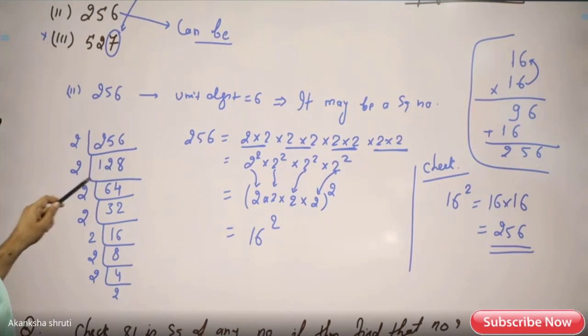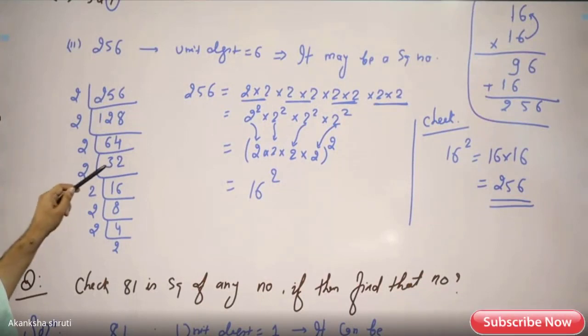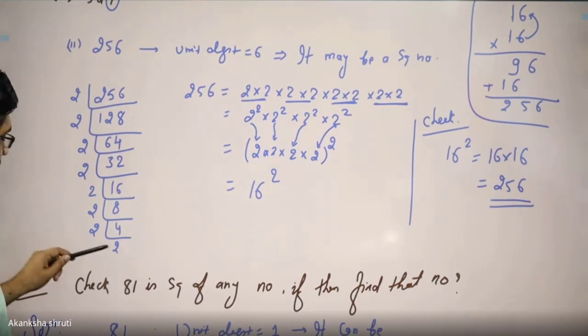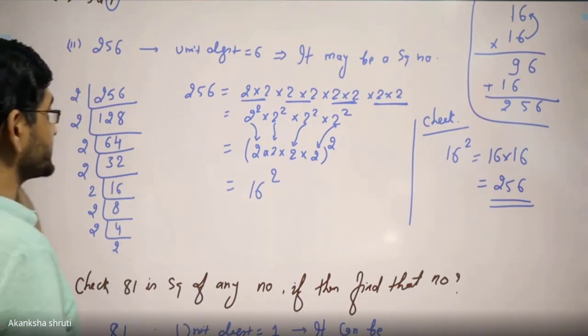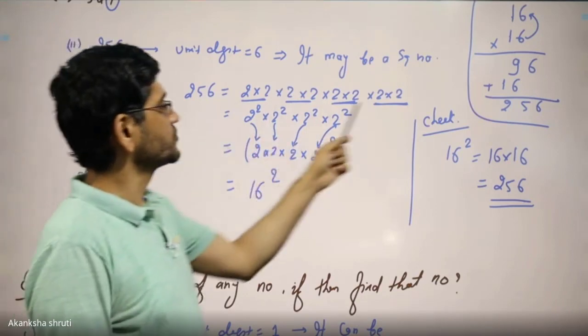Further 128 is divisible by 2, we get the quotient 64. Then 64 is divisible by 2, we get 32. Then 32 is divisible by 2, we get 2, and lastly we reach the last prime number, 2. This way 256 can be written as the product of these 2s.